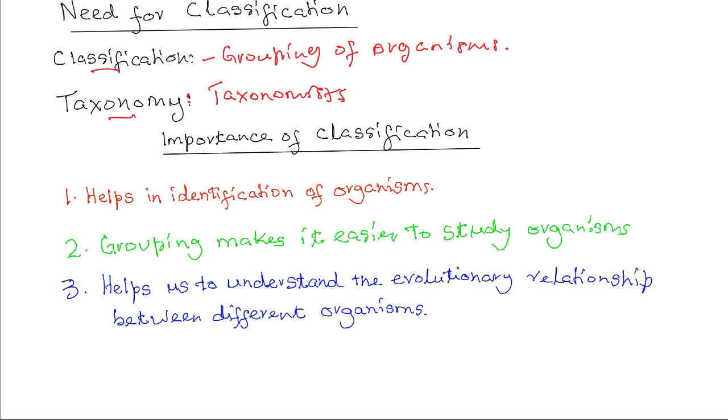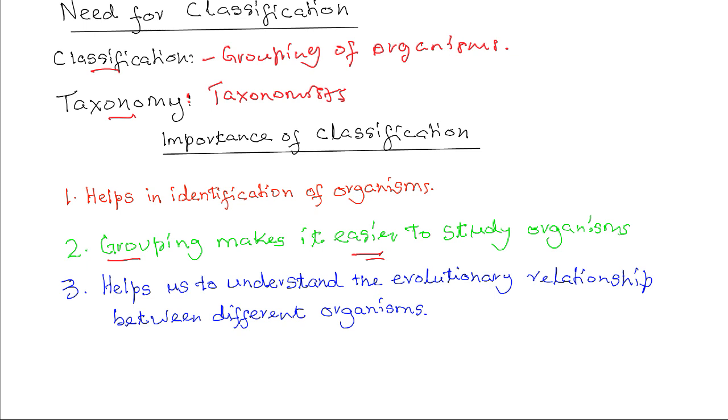If we have a classification system, then we can use it to identify organisms that may not be so well known to us. We can also use classification to group organisms according to their features, so as to make it easier to study.